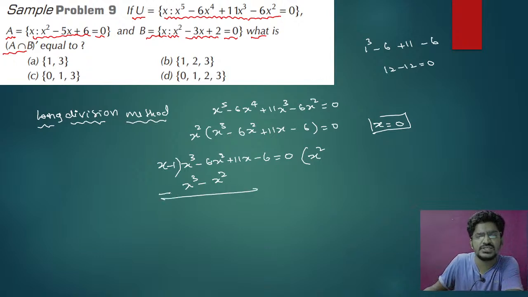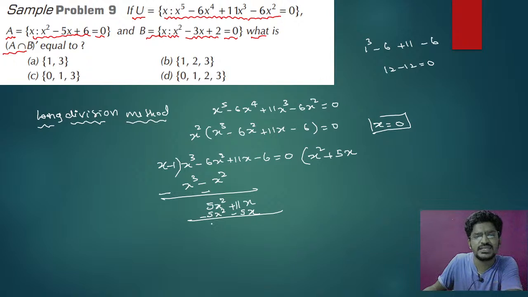So minus this, minus here it will be plus. So minus 6x square plus x square will be 5x square, and this is plus 11x. Okay, so now again you can simplify it with plus 5x. You can take plus 5x, so it will be 5x square, and here it will be 5x minus 1 is minus 5x.